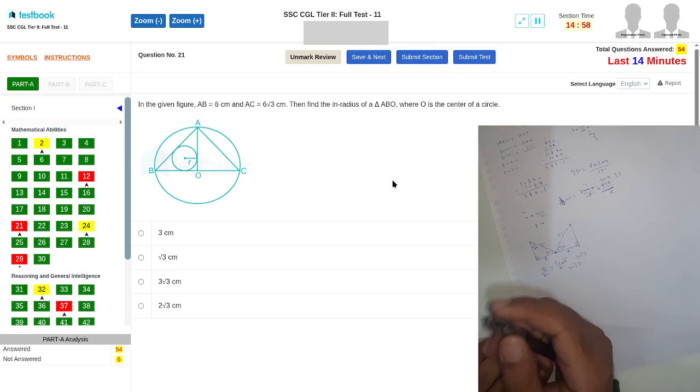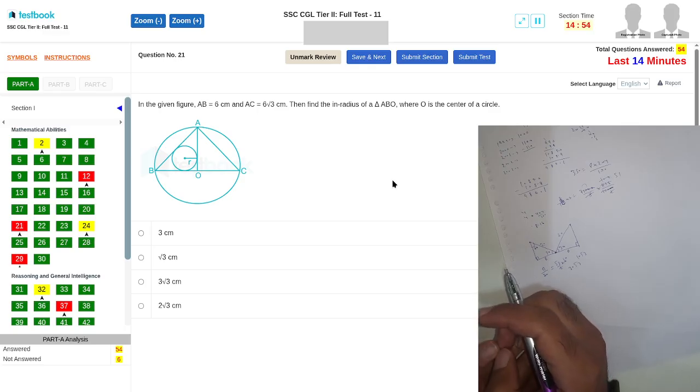In the given figure, AB is equals to 6 and AC 6 root 3. Then find the inner radius of triangle ABO. And O is the center. 6 root 3. This side is going up.